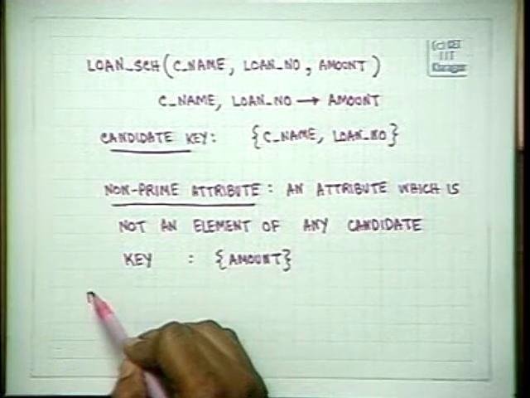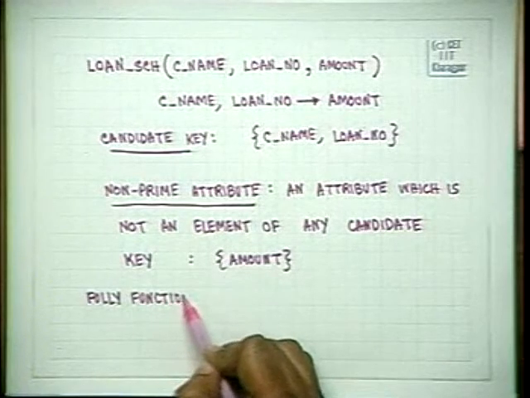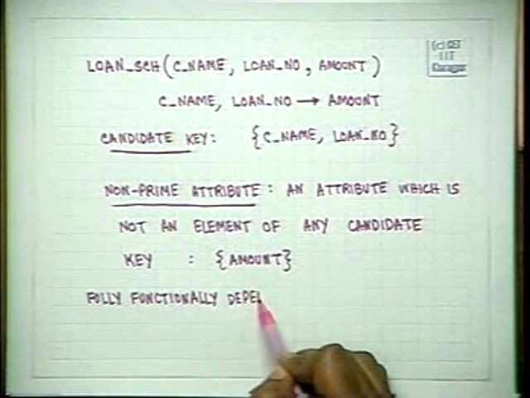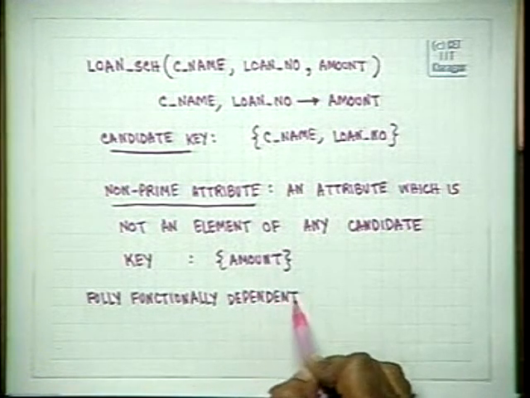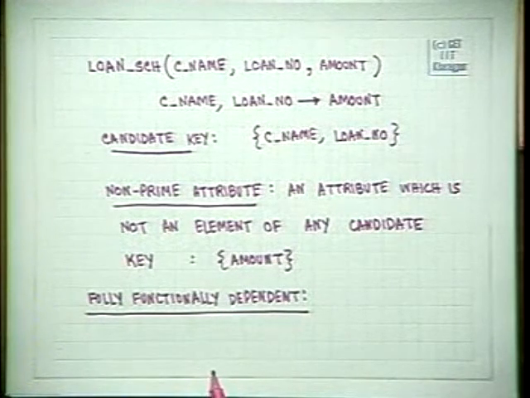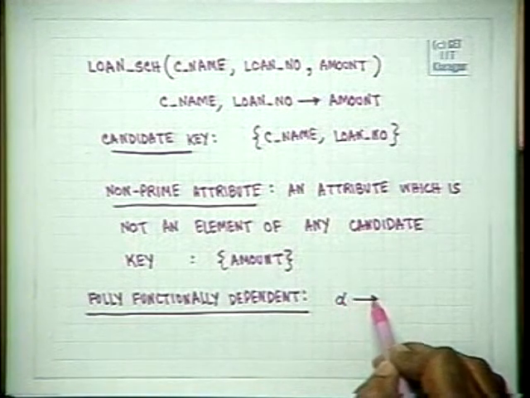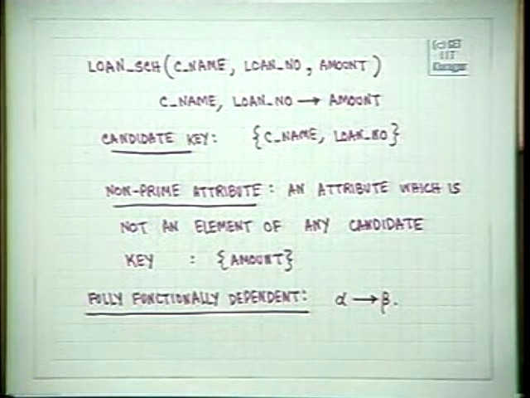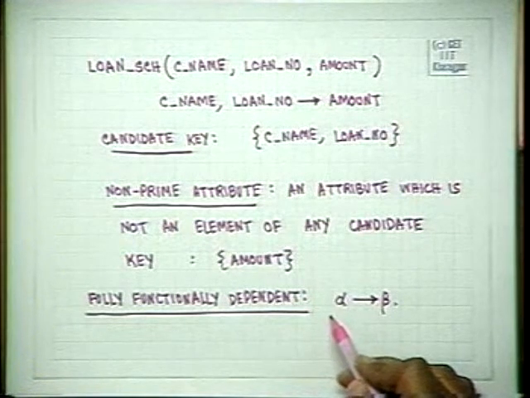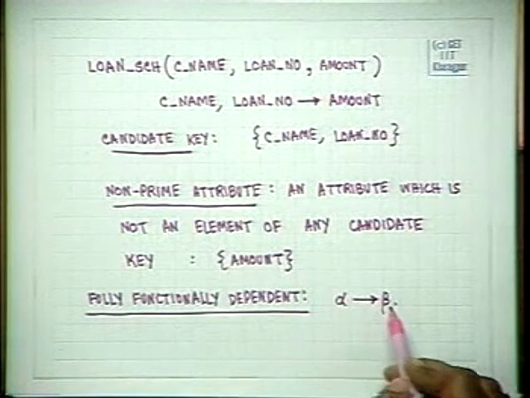And what do we mean by fully functionally dependent? When we say alpha to beta is fully functionally dependent, we mean that you cannot remove any attribute from alpha and see that a subset of these attributes still implies beta.